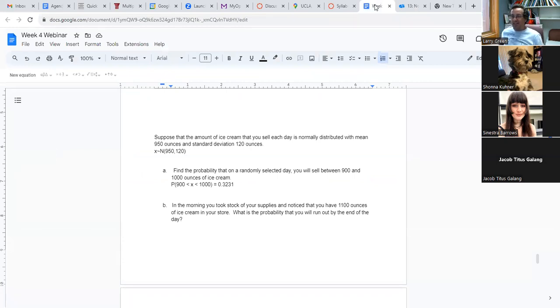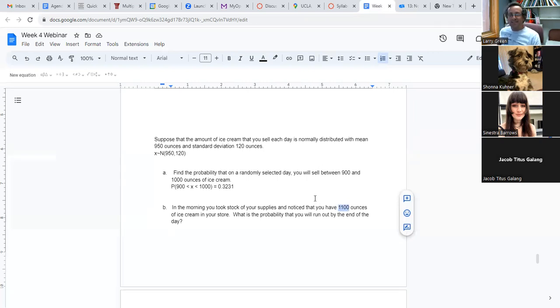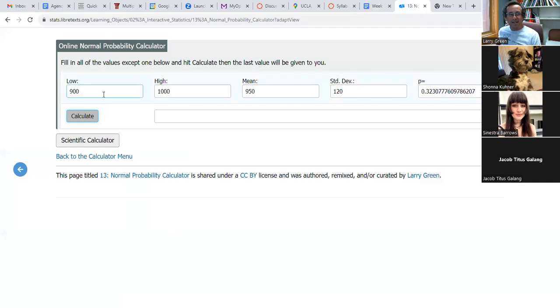Not a trick question. It's easy. It's not 0 though. 1,100. If you have 1,100 ounces of ice cream and 1,100 ounces gets bought, you don't have any ice cream left. Is that clear? So my low is going to be 1,100.